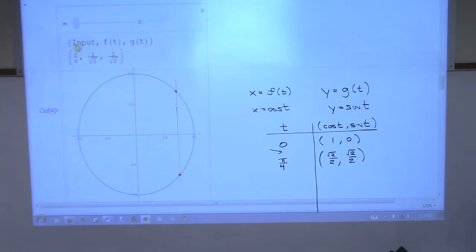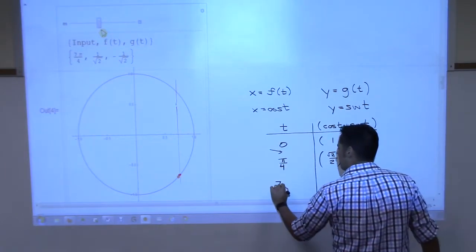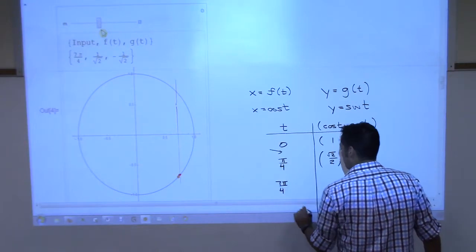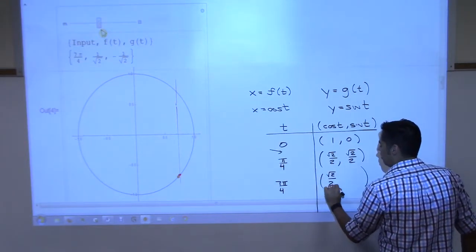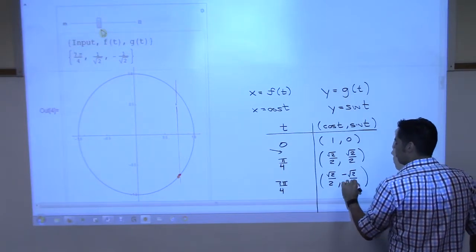What am I going to let t be in order to draw that? I can just keep going around, right? And it's going to be right around, I missed it, oh well, 7 pi over 4. So if I go 7 pi over 4, it's going to spit out the point root 2 over 2, negative root 2 over 2.